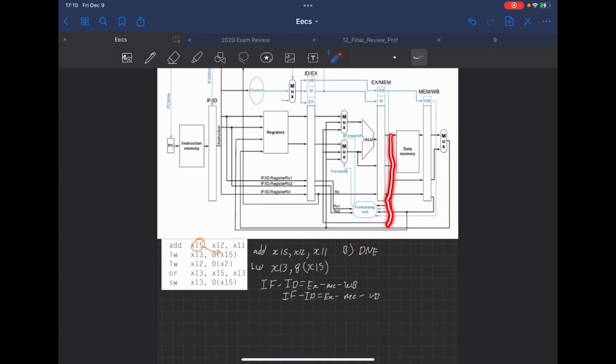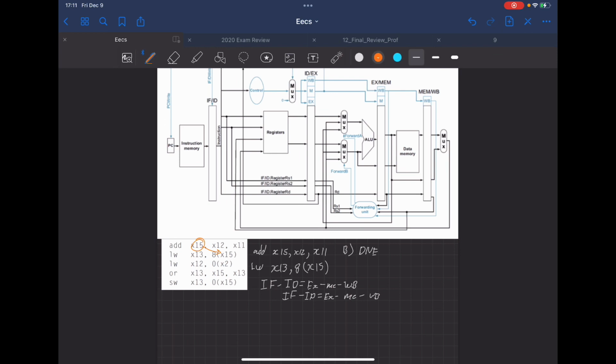The forwarding unit has the correct logic so that there would be a match, and it would be able to select that data. So we can essentially skip the memory phase and the write back phase.